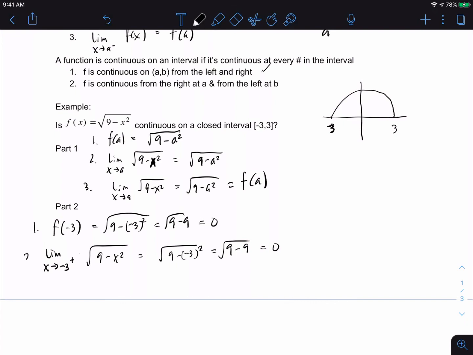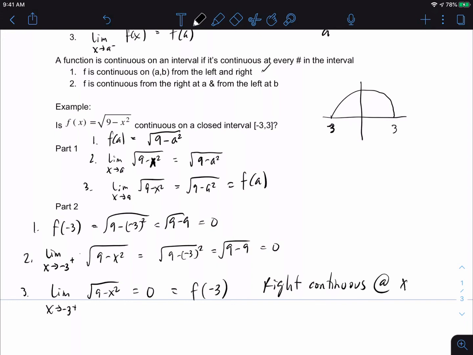And so that was step number 2. Step number 3, the limit as x approaches -3 from the right of this function is equal to 0, which is equal to f of -3. Since it shows this thing is continuous from the right at x equals -3.